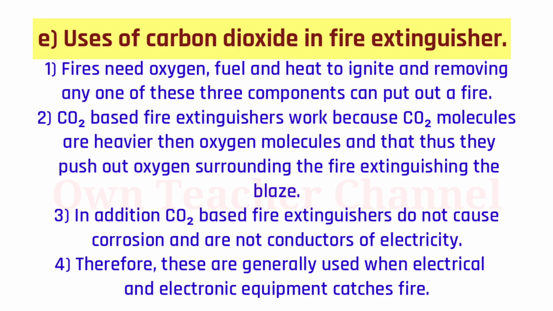In addition, carbon dioxide based fire extinguishers do not cause corrosion and are not conductors of electricity. 4. Therefore, these are generally used when electrical and electronic equipment catches fire.